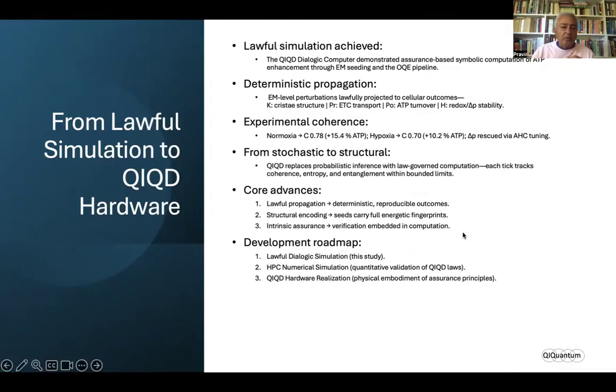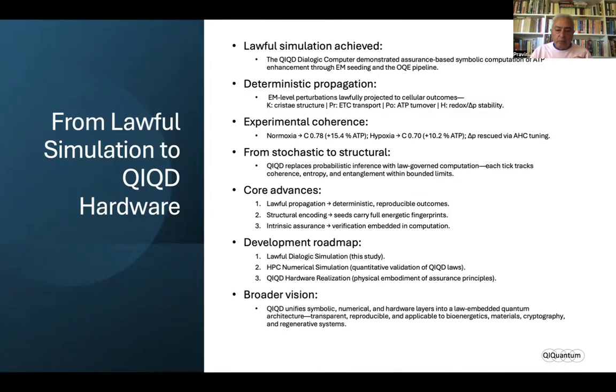But keeping in mind that it's a comprehensive environment that doesn't let go of the dialogic simulation, because that's where we can test out different algorithms, and then have them numerically simulated and then executed in the QIQD hardware. So that gets to this final point.